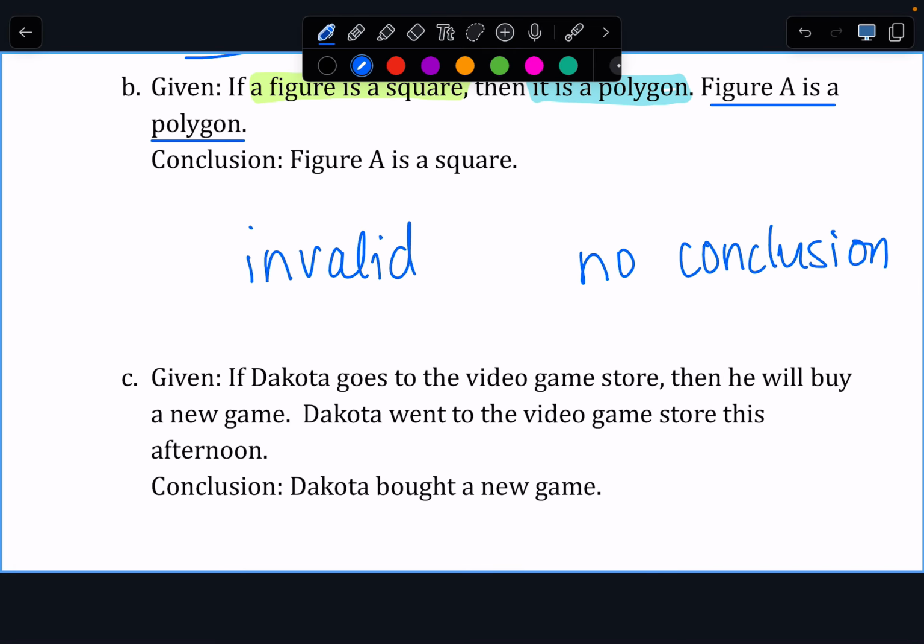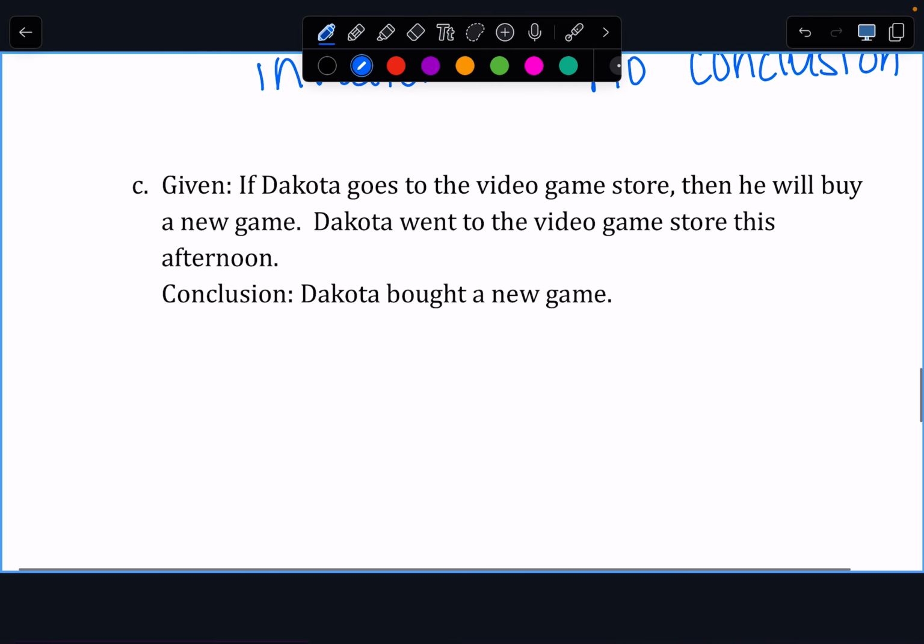So how about you decide if example C is valid or invalid with the law of detachment? Kelly, what do you think? Is this valid?